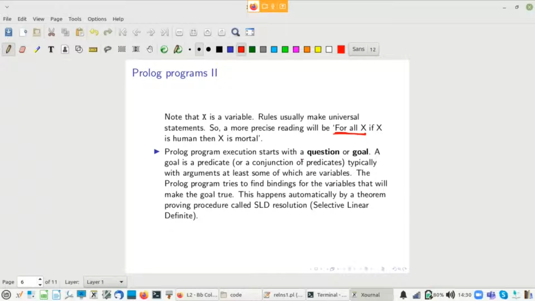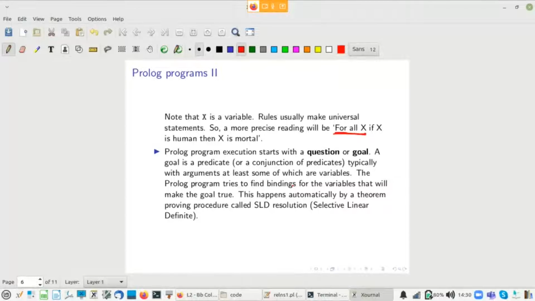And what the Prolog program tries to do during execution is it tries to find bindings for the variables. If something is a variable, it must have a value ultimately. So we'll try to find values for those variables such that the goal is true.